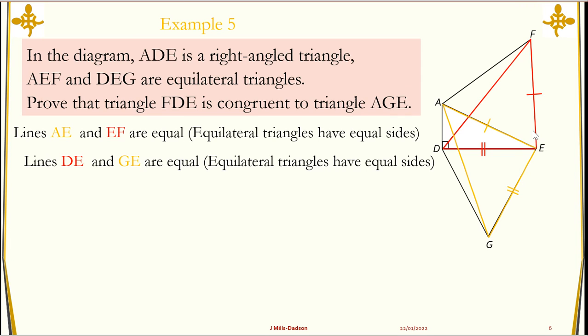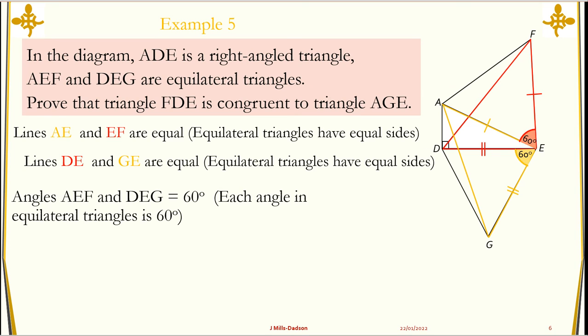We know these are 60, 60, 60 because angles in the equilateral triangle each equal 60. So we know that. But in this angle, we have a common angle plus 60. In the yellow one too, we have a common angle plus 60.